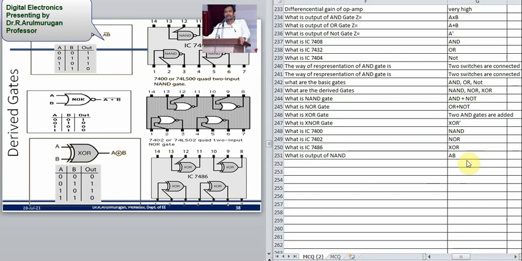You write A B whole bar like this. That is called the NAND output. What is the output of NOR? A plus B whole bar. That's all.